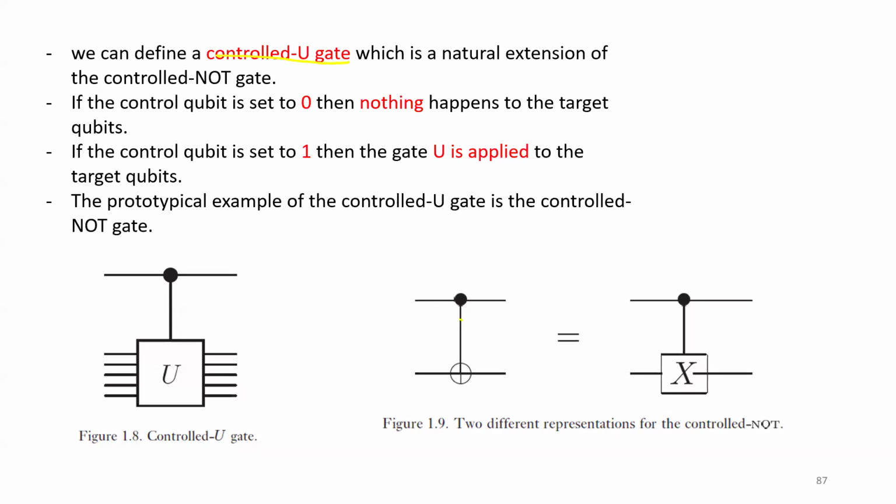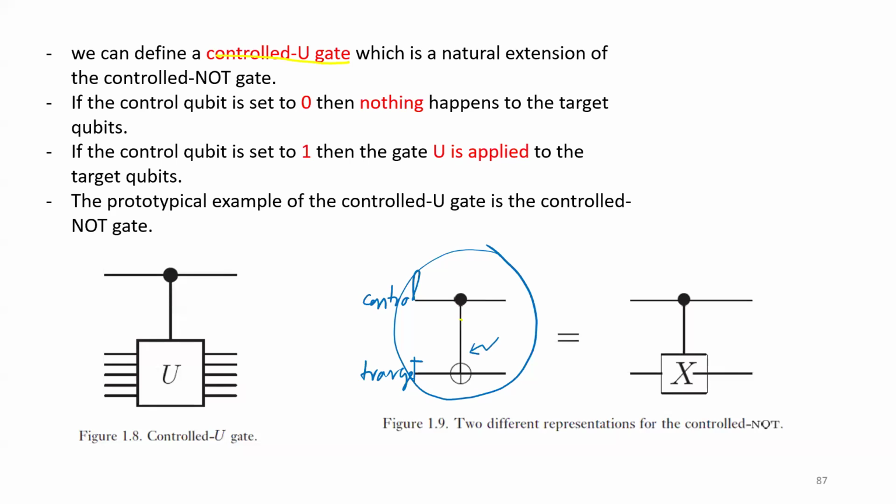We saw before the C naught gate, which takes one control and one target. And basically, based on the control value, you are giving some instructions for your control here.